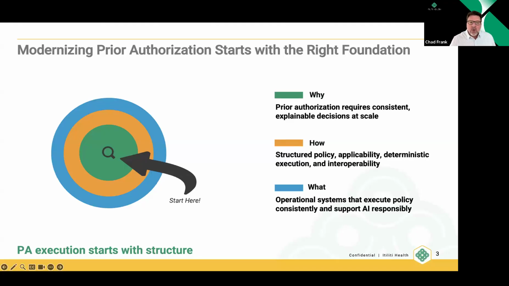What that gives you is an operational system that can execute your policy consistently with the support of AI. So this deck isn't about AI or not. AI will be there. We're using AI ourselves. It's about where and when to apply AI. So that is the foundation of the rest of the deck. It's the why, the how, and the what.